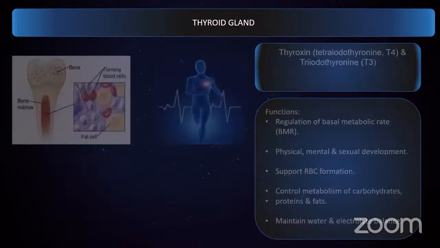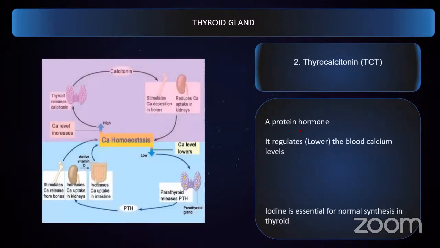The next hormone is thyrocalcitonin, that is TCT, which is responsible for lowering the blood calcium level. All of these hormones, T3, T4, as well as thyrocalcitonin, require a sufficient amount of iodine in our diet.